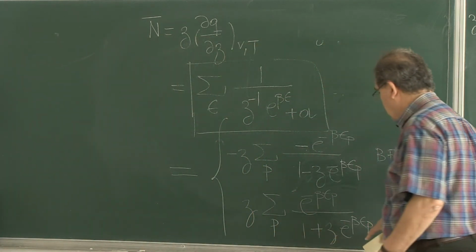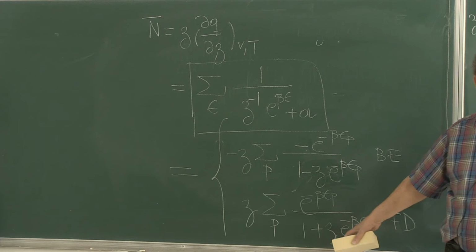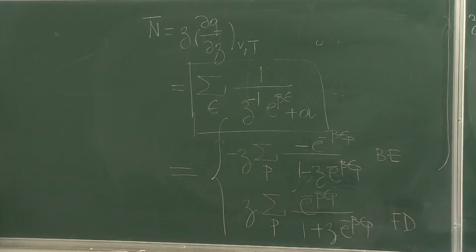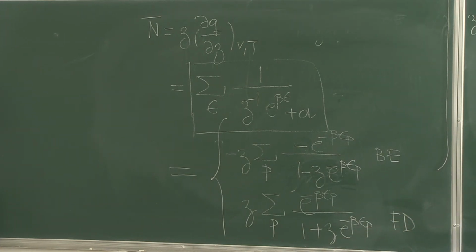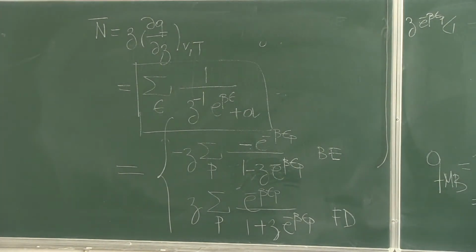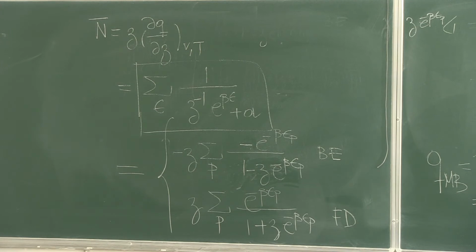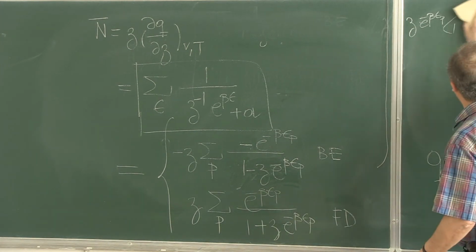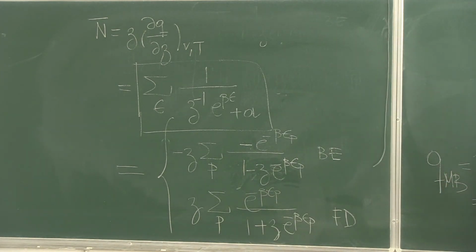This is nothing but the sum over the distribution functions, the Fermi-Dirac distribution function and the Bose-Einstein distribution function, isn't it? That gives you the total average number of particles in the system.